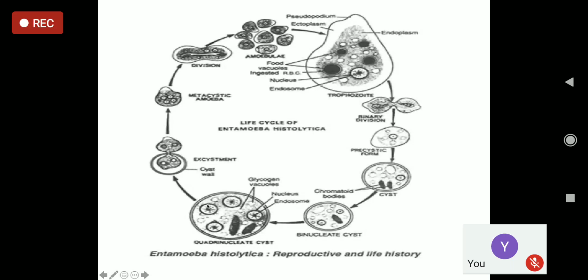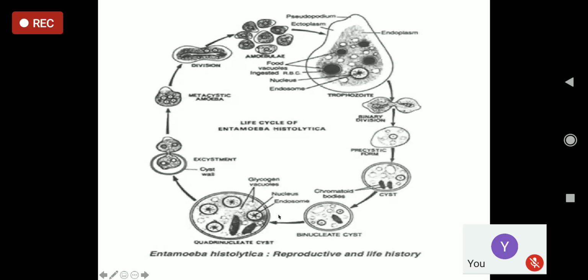So that's why there will be a hollow space between the cyst wall and the inner content, and with the peristaltic movement of our intestine, this inner content hammers or hits on this wall, and this wall has already become weak due to the action of the digestive enzymes which are present in our small intestine.